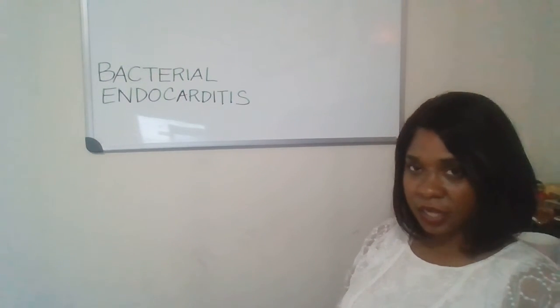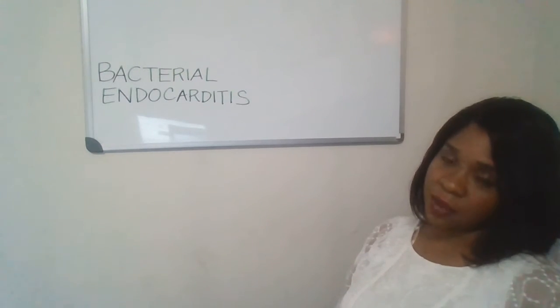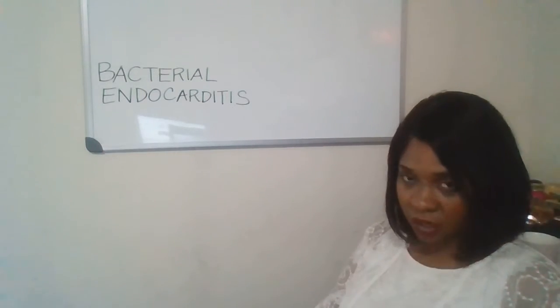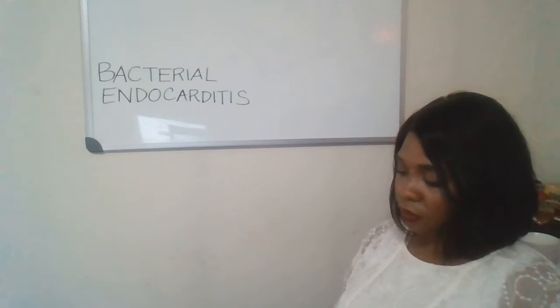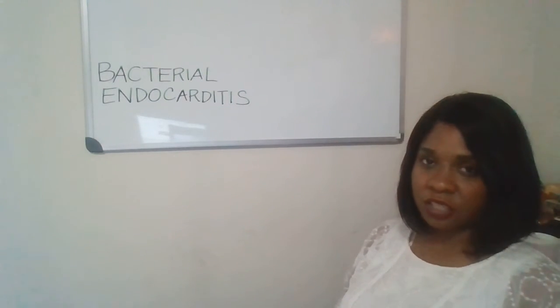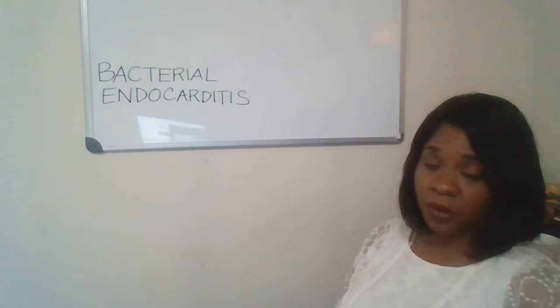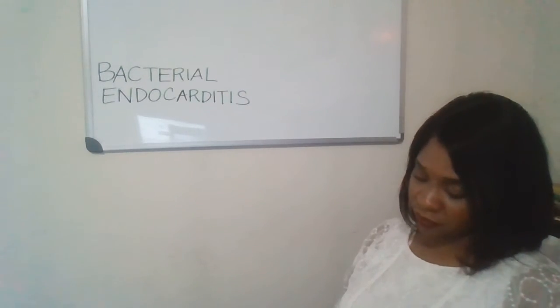Like again, I said cardiac surgery can cause it. And a long-time catheter use with the cardiac cath can cause it too. So they can form microorganisms on your valves and vegetate and live there. And they can also break off and immobilize too. It's just bad for business.